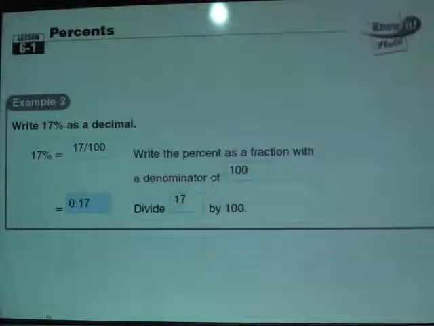Here's number 3. They're asking us to write 17% as a decimal. Again, this is very simple. They're doing some extra work here, actually, in changing it to a fraction. That's really an unnecessary step. As the directions said earlier, when we want to change a percentage into a decimal, all you really need to do is eliminate the percent sign and move the decimal 2 times to the left.